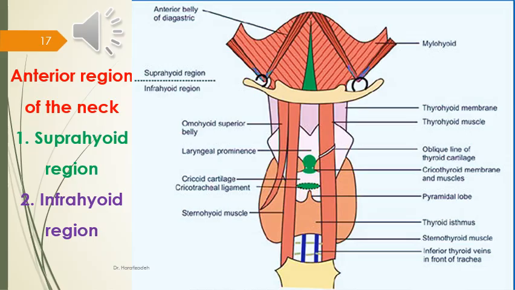In this image, you can see the anterior triangle of the neck and suprahyoid and infrahyoid regions in the upper and lower position of the hyoid bone. Above the hyoid we have the suprahyoid region, and below the hyoid we have the infrahyoid region. These are also called the suprahyoid and infrahyoid areas. We have some muscles in these regions.